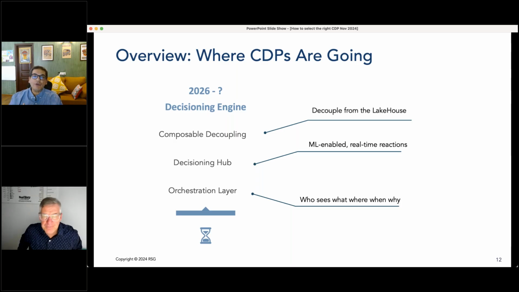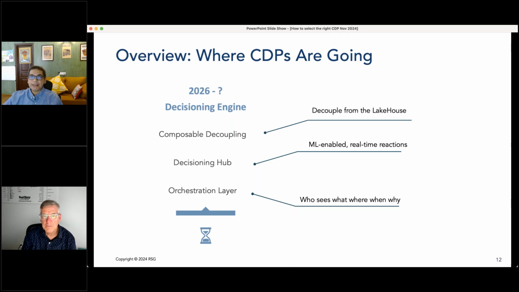But at the same time, you are unlikely to get a marketing friendly segmentation and activation environment if you were to use a data warehouse for activation via, say, reverse ETL tools, right? So activation is really marketing ops and data warehouse is really data ops, and as you know, they are really different. So by all means, use a data warehouse. We have to live with it, but just don't tie yourself to a specific data warehouse or base everything on a single data warehouse. So in that sense, some decoupling is in order.